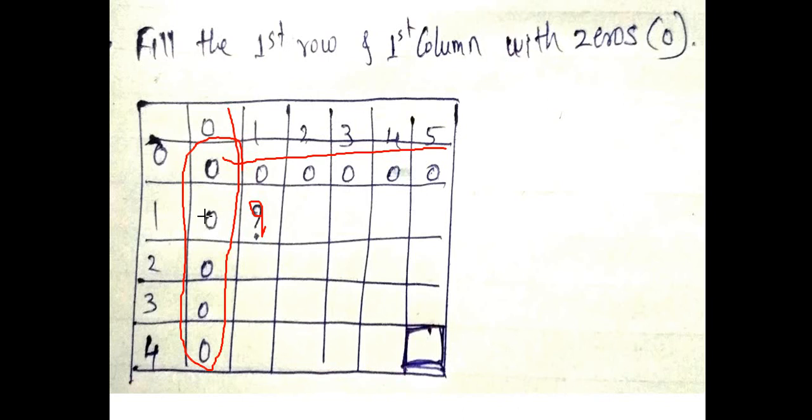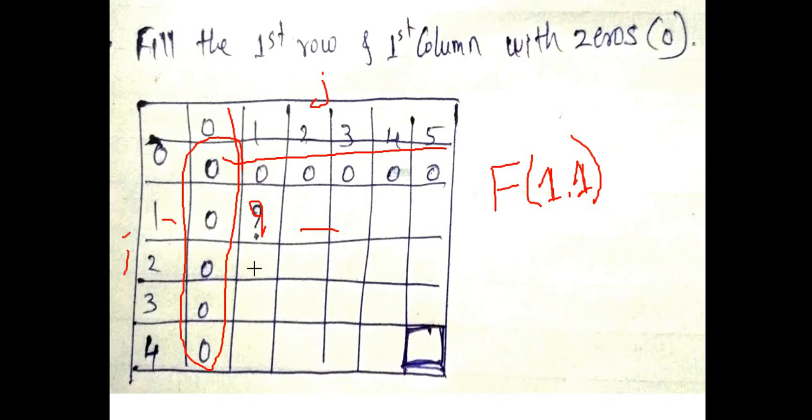This value means what? 1, 1. The recurrence relation we have already seen, so we have to find 1, 1, and this is 1, 2. See, these represent j and these values represent I.